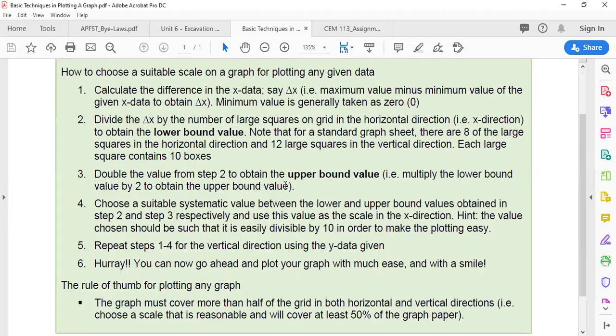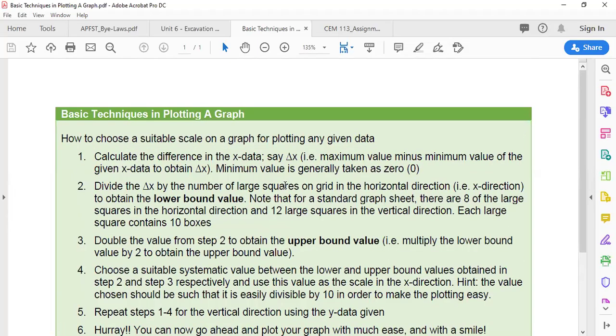Okay, but what I'm saying is, first of all, we are going to plot a graph. This is how our graph is going to look.